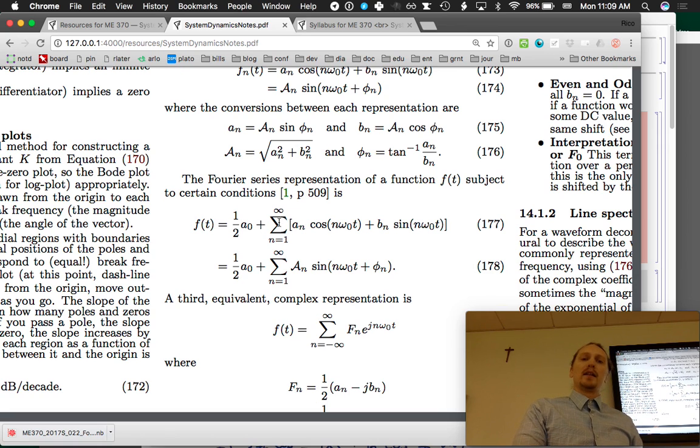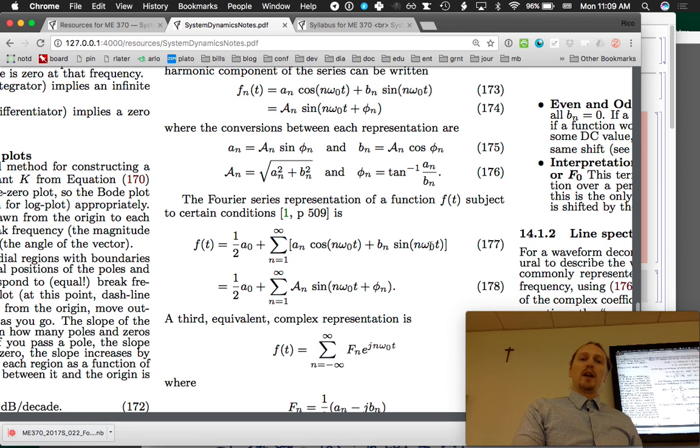We can either write it as a sum of these cosine plus sine terms, or we can write it as a sum of sine terms with this phase shift and different amplitude in it. And then we also have this term out front, 1/2 a naught. That we're going to find is sort of like the DC offset of the signal, okay?